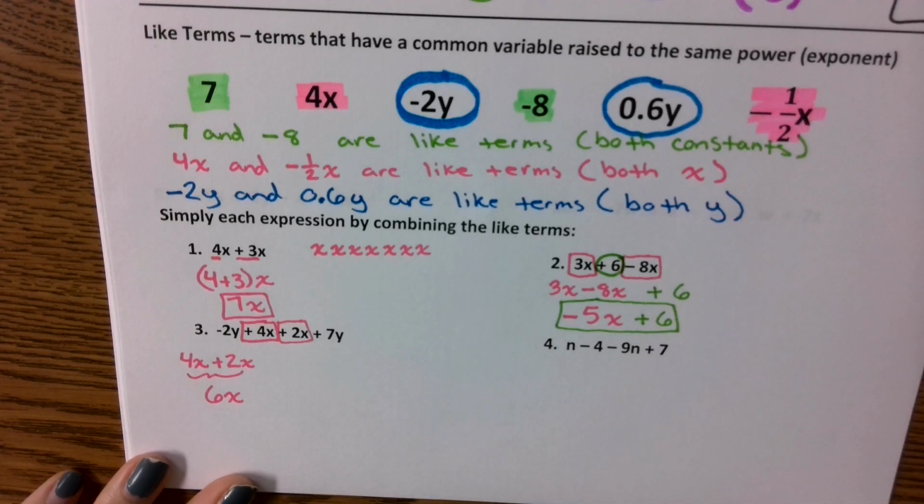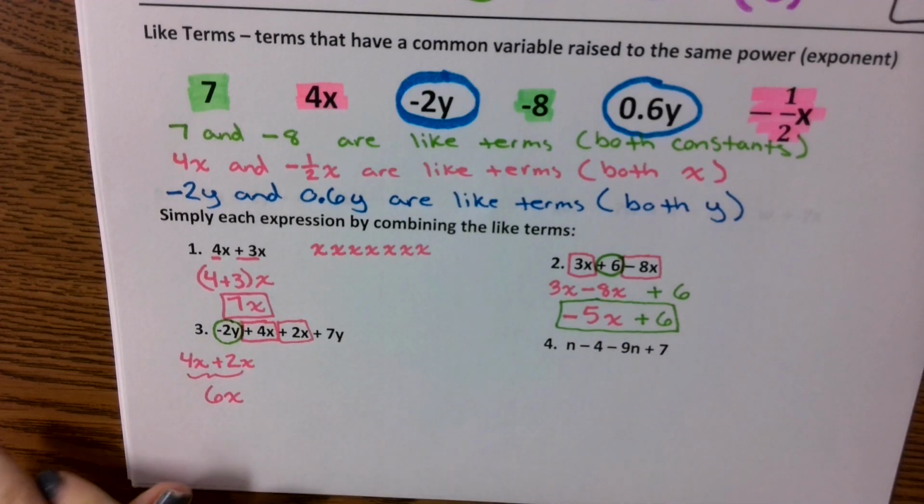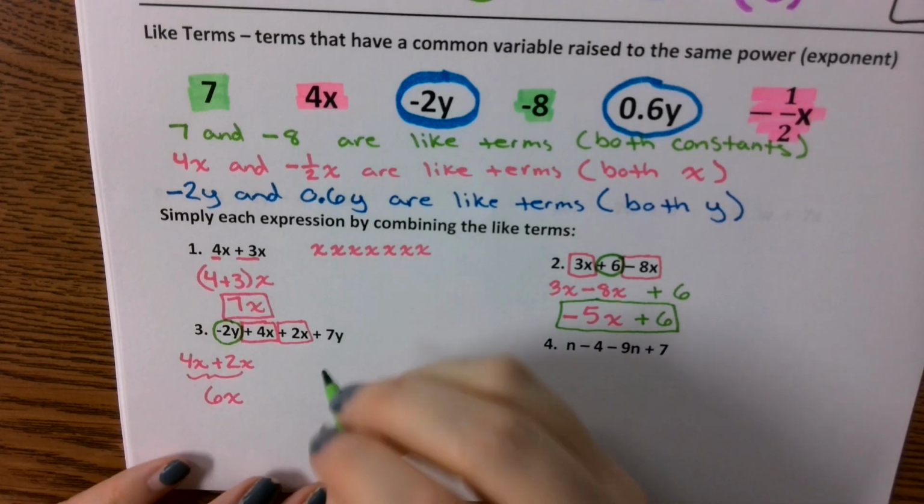Okay? All right, I have a negative 2y. Do I have a like term that goes with negative 2y? What's the like term? Jalen? Positive 7y.